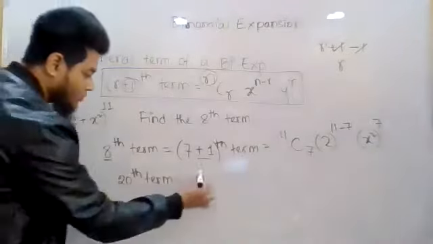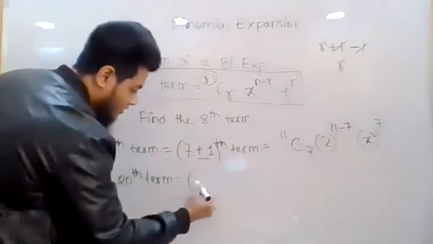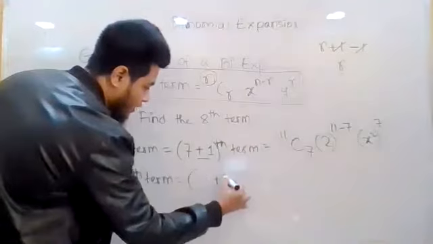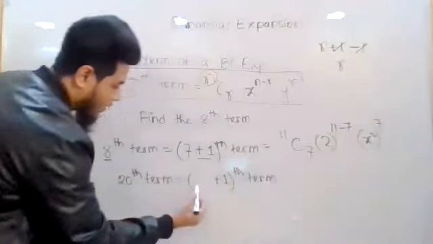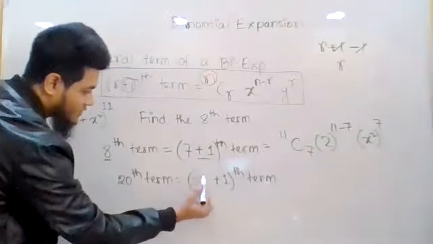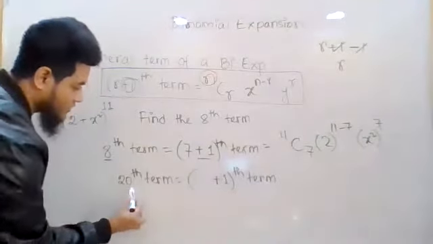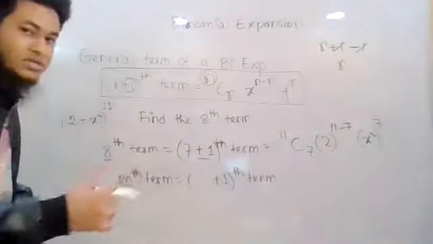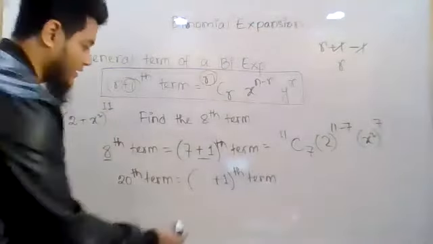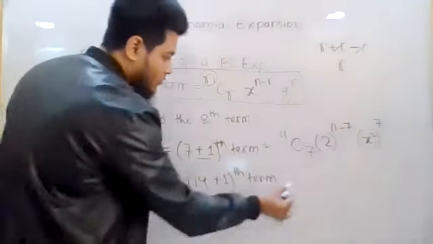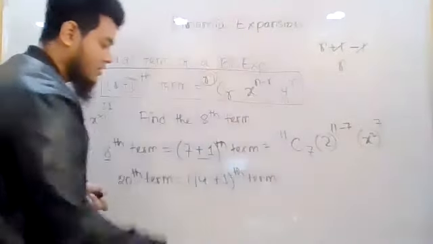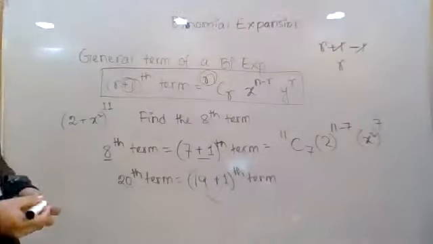At first you put a bracket, keep some space, and put the plus 1 term. Then ask yourself, which number do I need to write here to make the summation equal to 20? 19. And that gives you the number you have to write below C, and that is the only number you need to know.